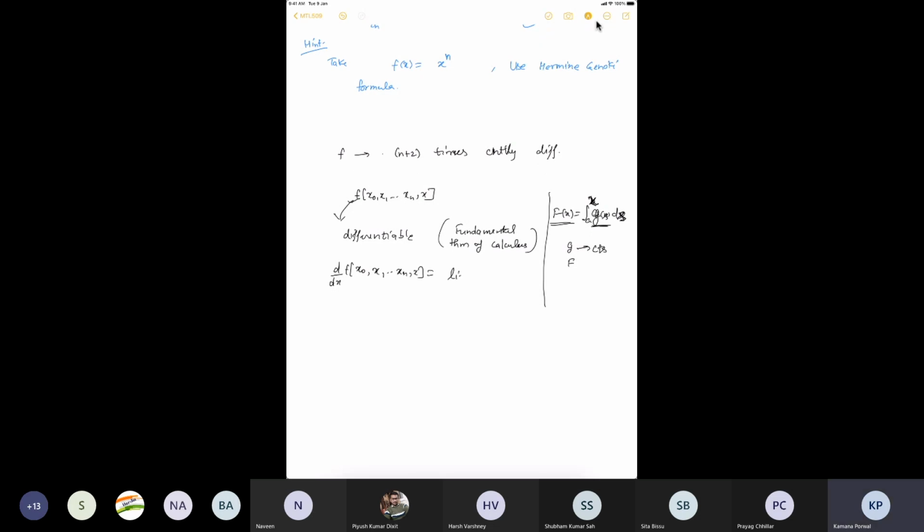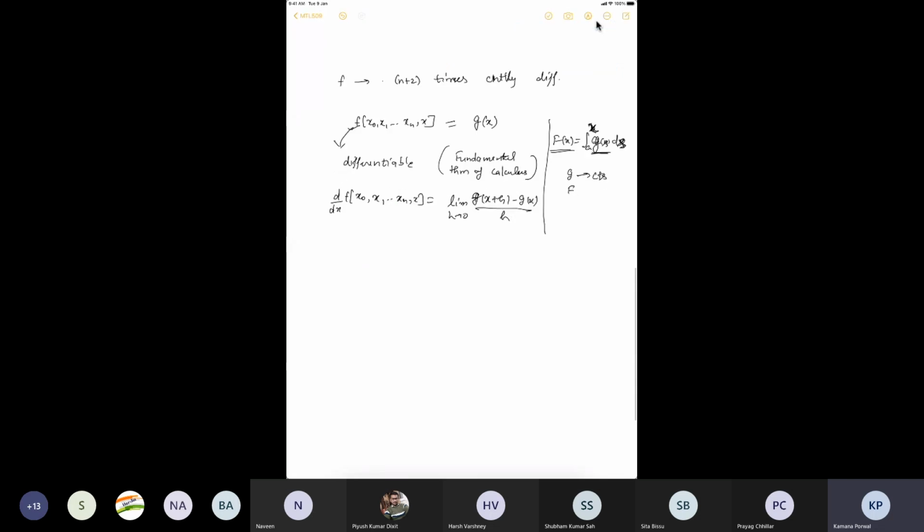So you use the limit definition. Let me call this function g(x). So I will get this as g(x plus h) minus g(x), divided by h. You simplify this, and my claim is that what you will get as an output is this.